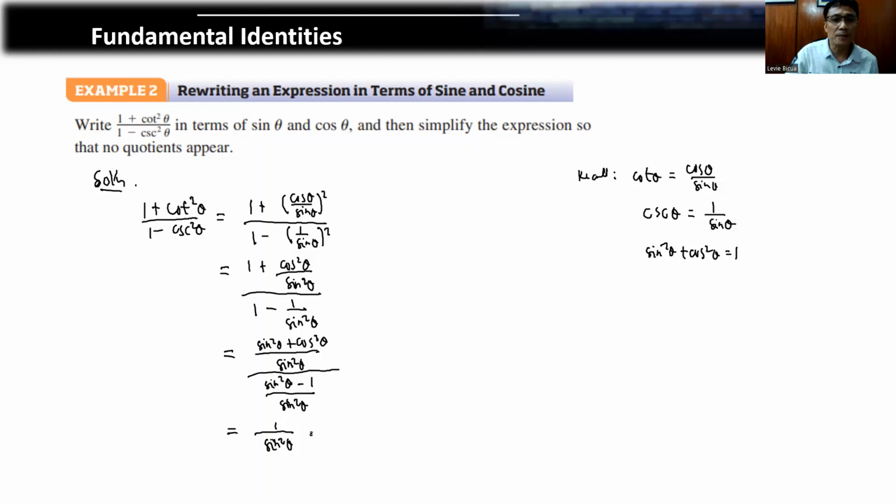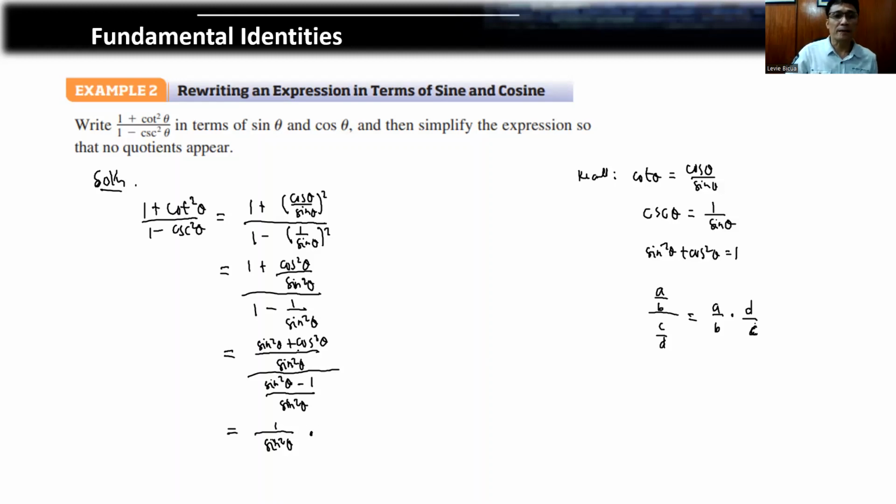And at the same time, we're going to get the reciprocal of this, because according to one of the properties in algebra, A over B over C over D is just the same as the product of A over B and the reciprocal of C over D, which is D over C.